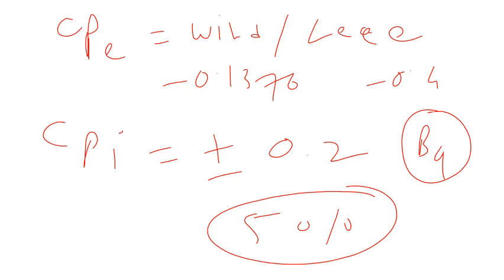If you refer to that table, you will see that the value of CPI, that is the internal pressure coefficient, is plus or minus 0.2. Now next is to find out the effective pressure coefficient, that is combined.